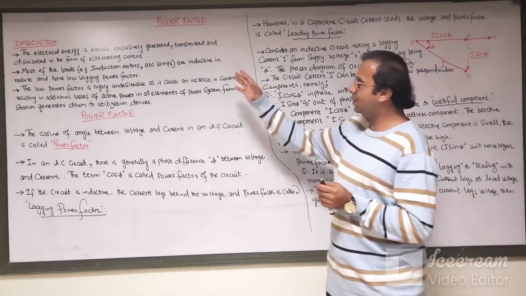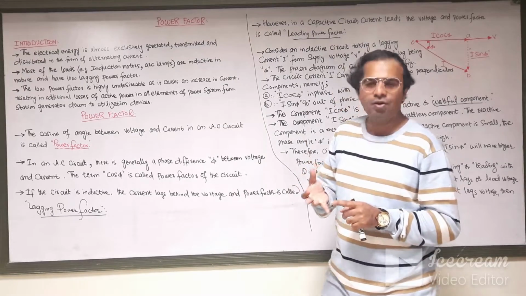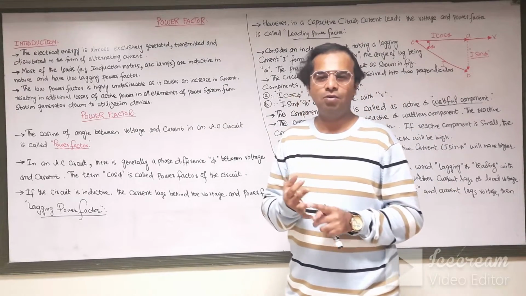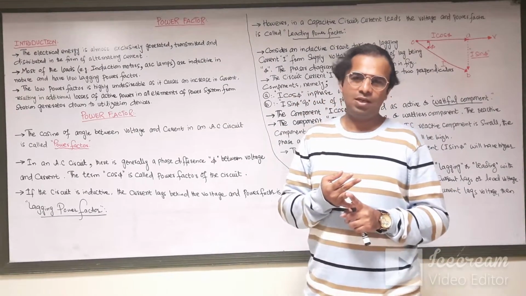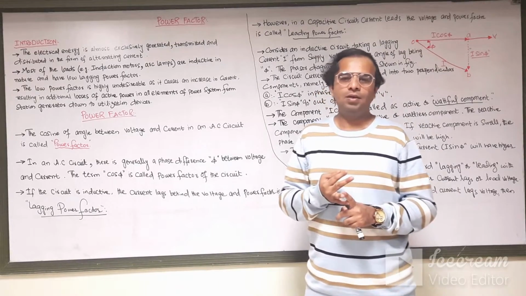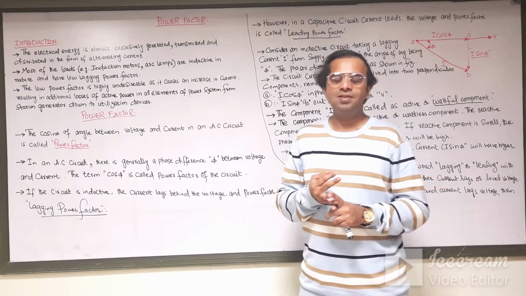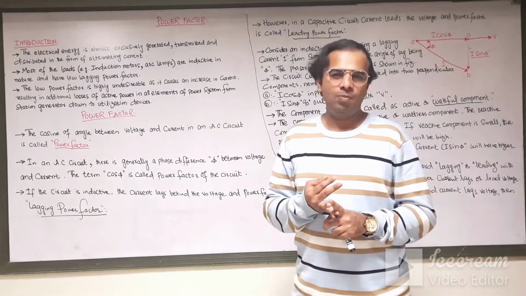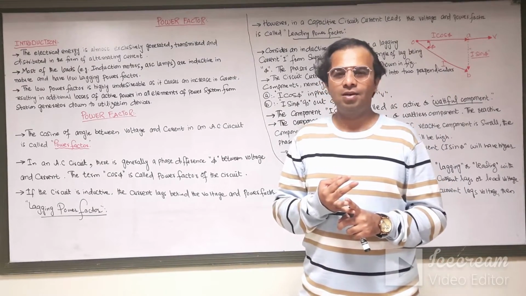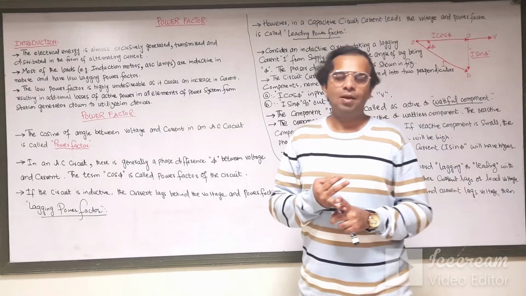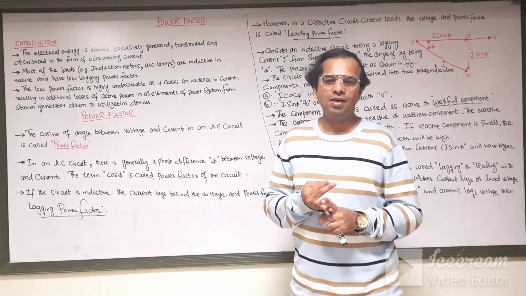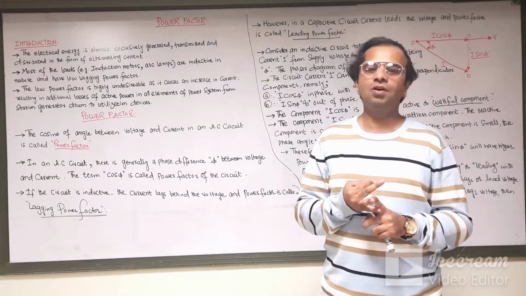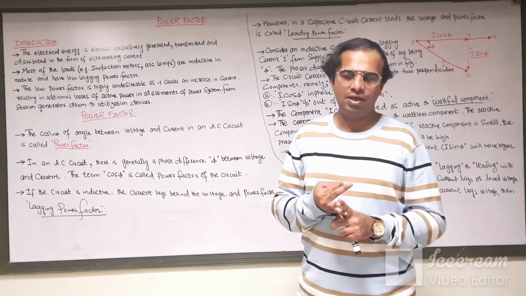Now electrical energy is almost generated, transmitted, distributed and utilized in terms of alternating current. In Pakistan, our system is alternating current, and most of our power plants, generators and alternators produce the bulk amount of electrical power in terms of AC.